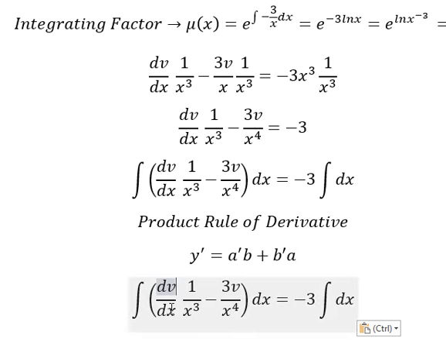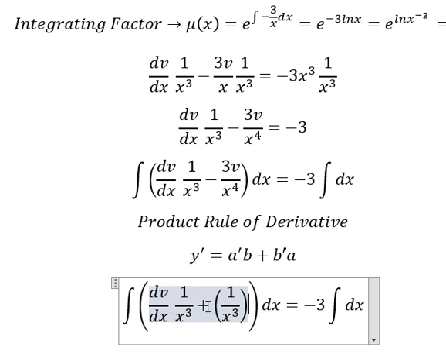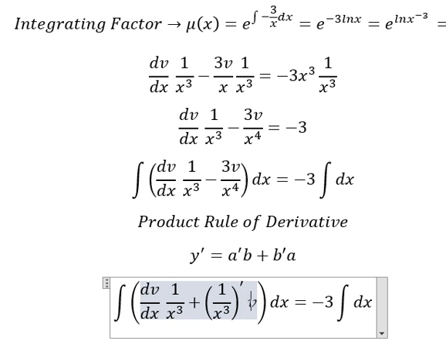So we have the first derivative of u multiplied by v. This one is the first derivative of v multiplied by u.